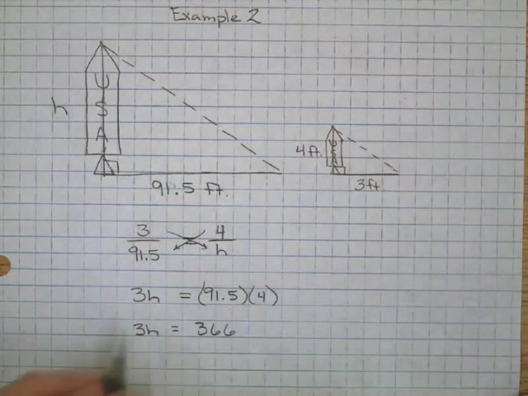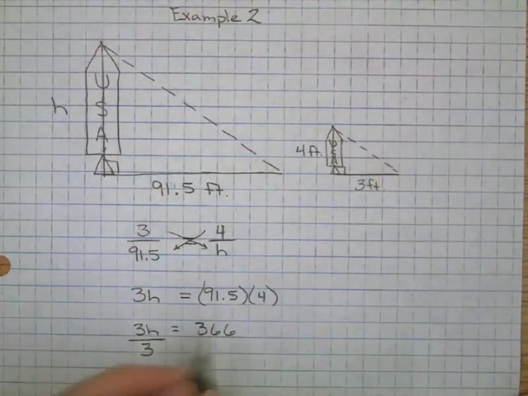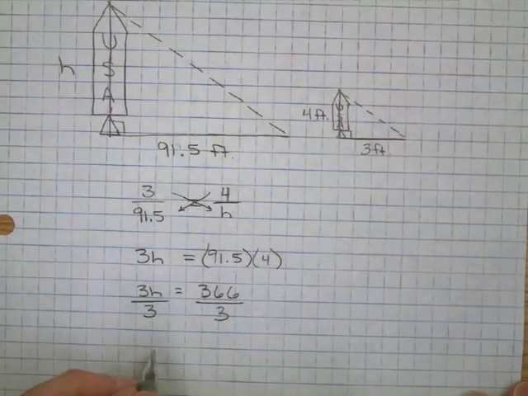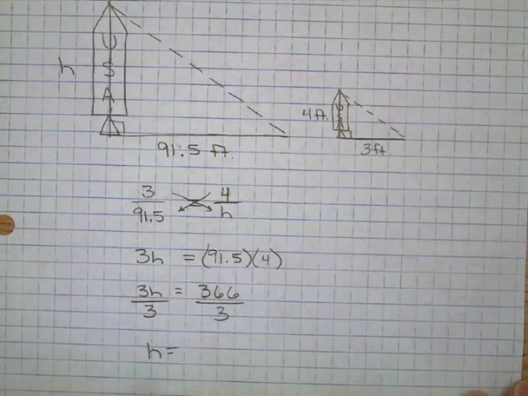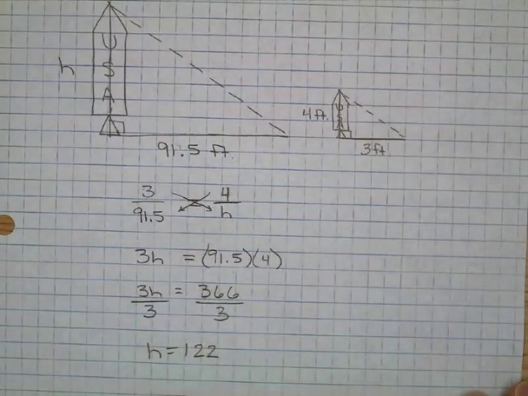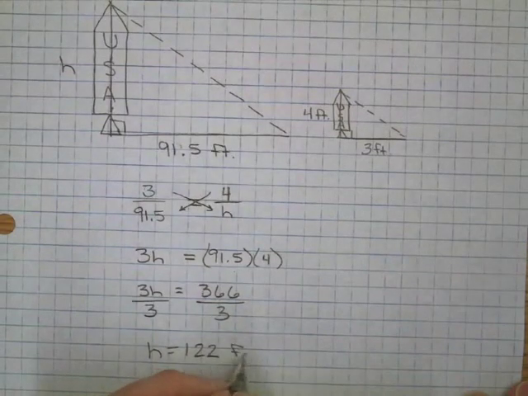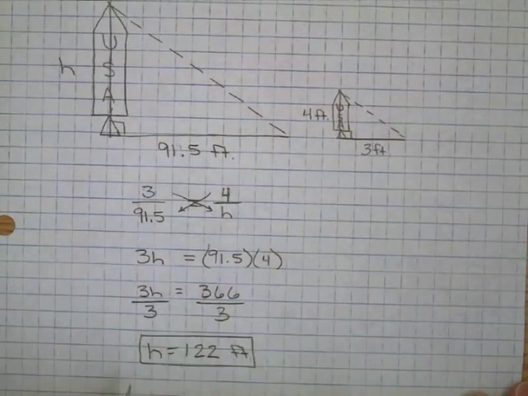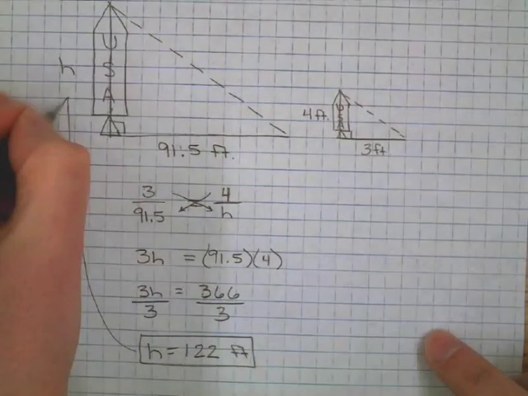Now I want to get h by itself, so I'm going to undo this multiplication. So I'm going to divide both sides by 3. And when I do that, h will come out to be 122. We're measuring in feet. That's 122 feet tall. That is the height of our rocket.